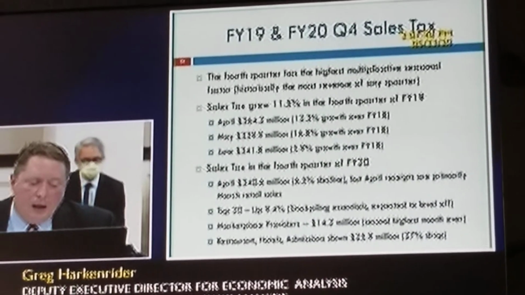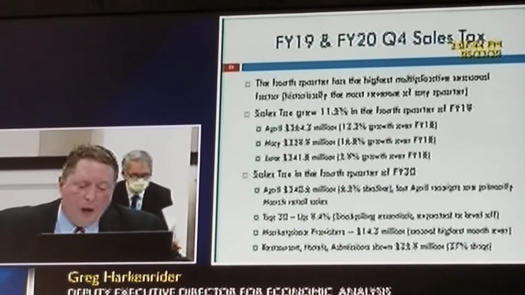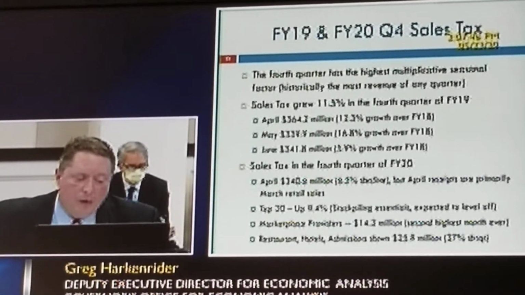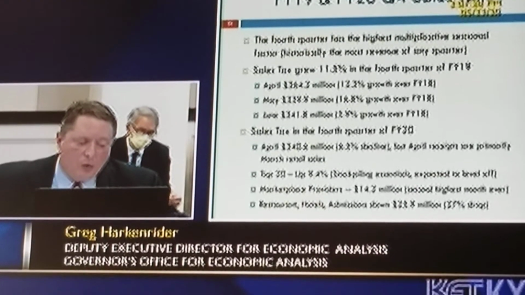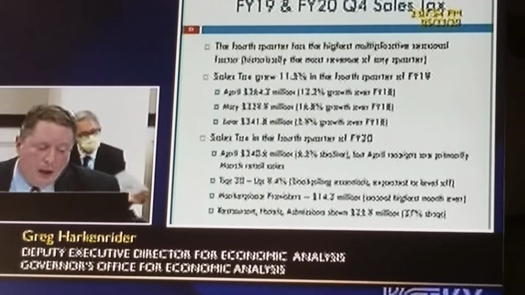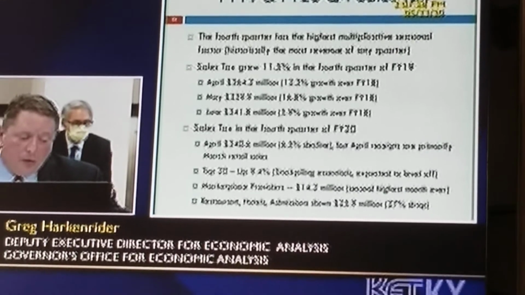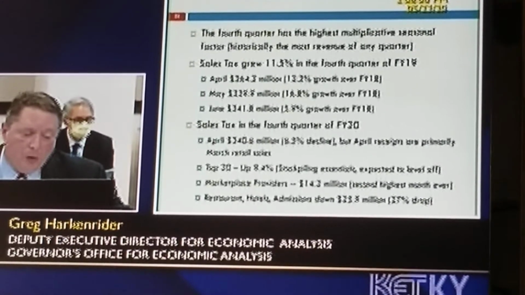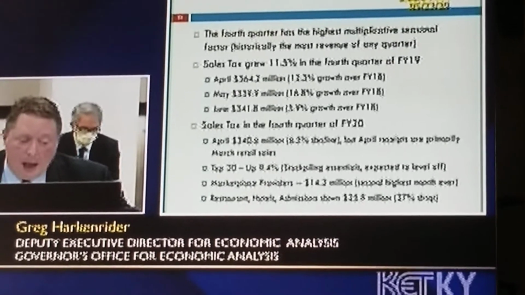And when you're sitting in April looking at the month, you're thinking, why isn't the sales tax going down further? But then you remember it's March retail sales, and March was a split month in terms of economic reaction to the COVID virus. So the 6.5% decline I expect to get worse in May and June.